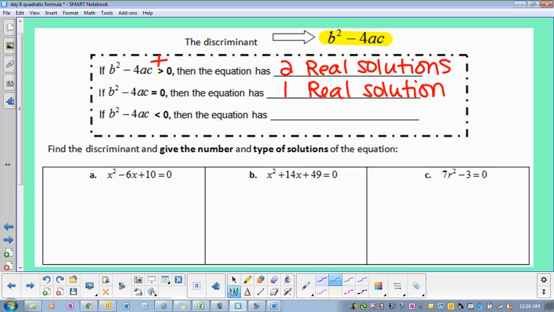And third option, if you plug in b squared minus 4ac and you get a number that's less than 0, wait a minute, what kind of numbers are less than 0? Negative. If you get a negative number, I don't care what the number is, if it's just negative, then it means that your equation has two imaginary solutions.